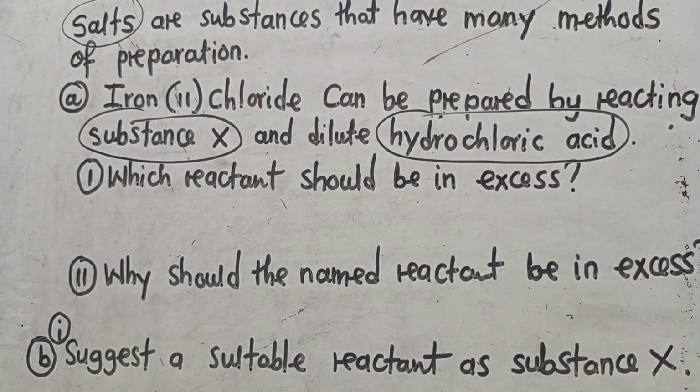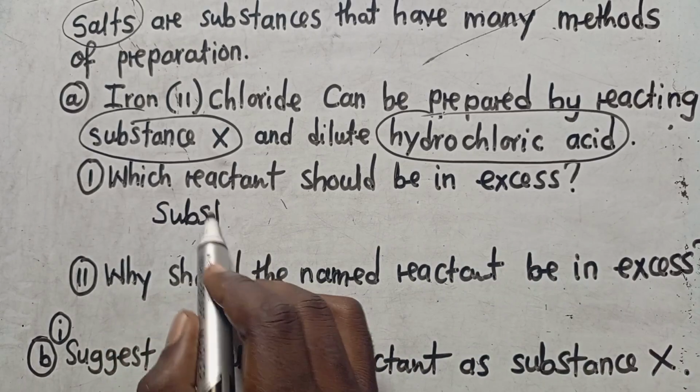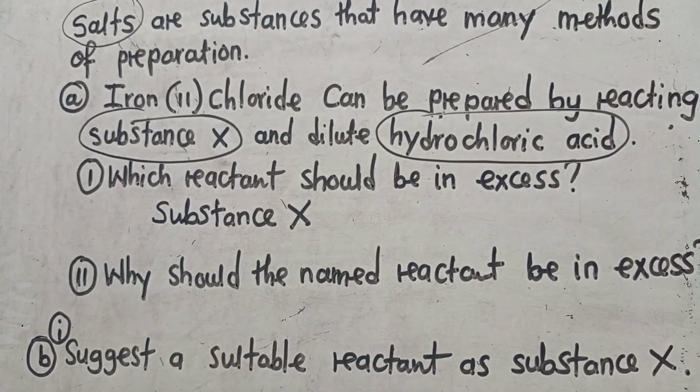If we want to prepare that, we put the acid in the beaker, then we add the excess metal. What are we adding? We are adding an excess metal to the acid that is in the beaker. So in other words, the reactant that should be in excess is substance X. This is what you need to know.